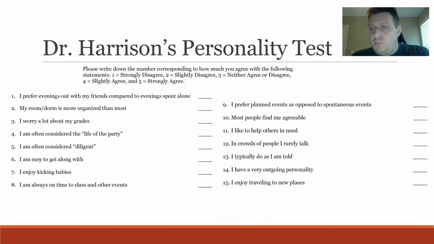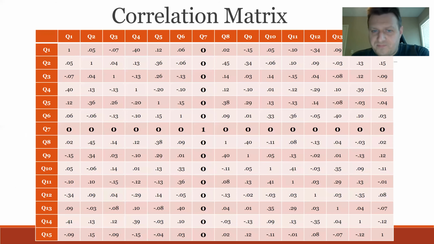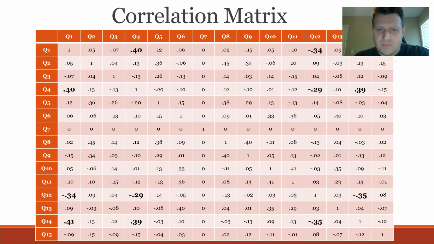If everybody puts 1, it's going to be uncorrelated with everything else because there's no variability there. So we can see with our correlation matrix that question 7 didn't work out. It's not going to be correlated with anything because there's no variability there.